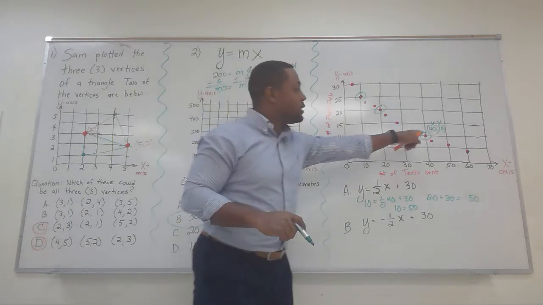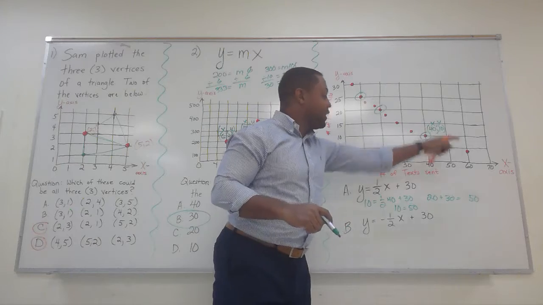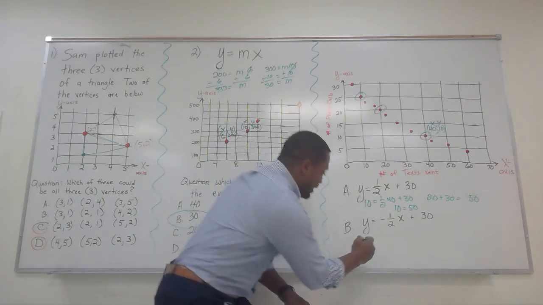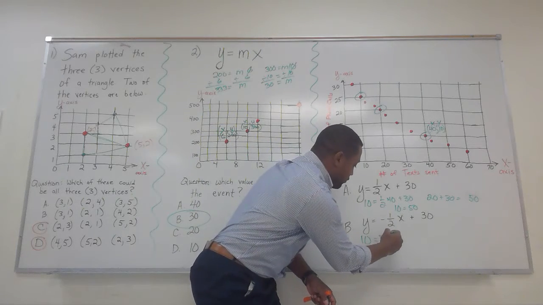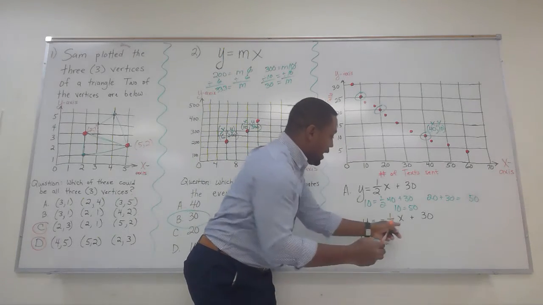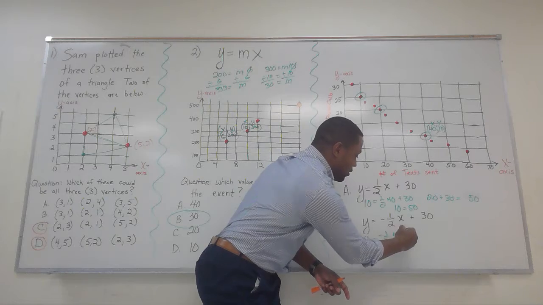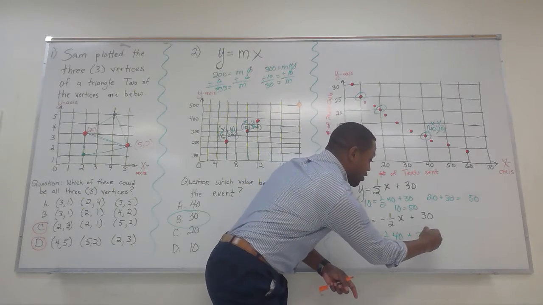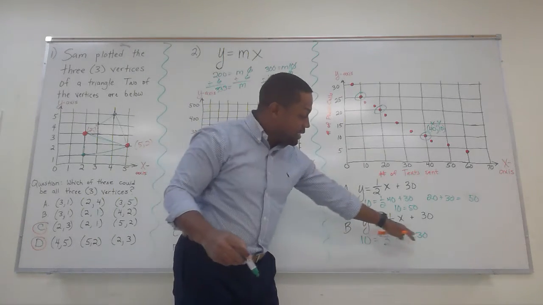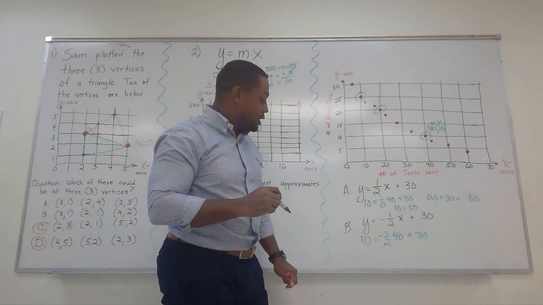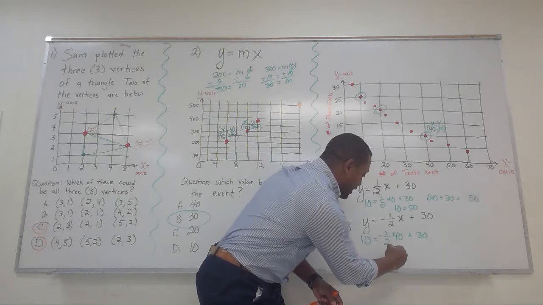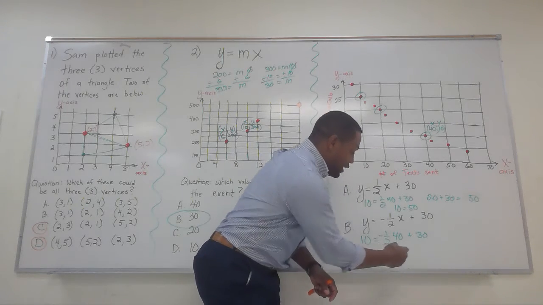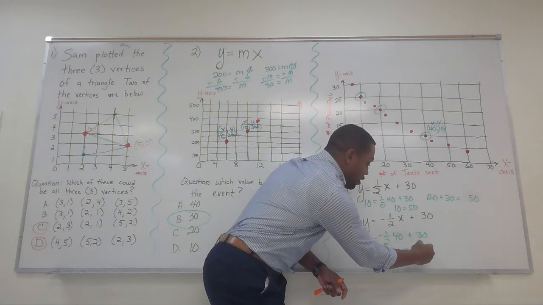Okay, so I have my same ordered pair, 40 and 10. Y is 10, and I'm just going to fill out the rest of the equation. X is 40, plus 30, and now I'm going to work this out to see if that's telling me a true statement. So negative 1/2 of 40 is negative 20, then plus 30.